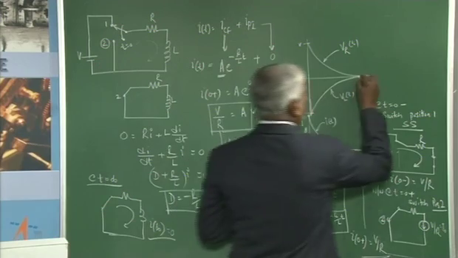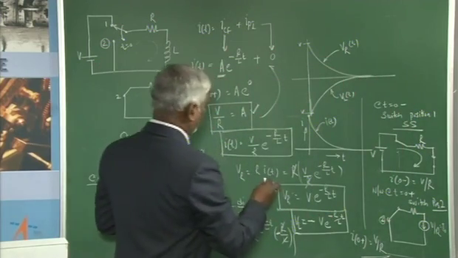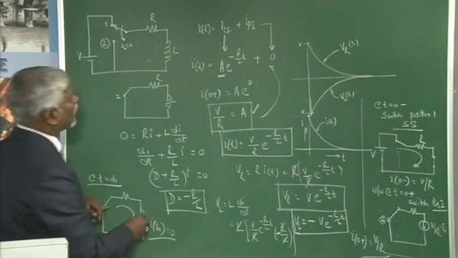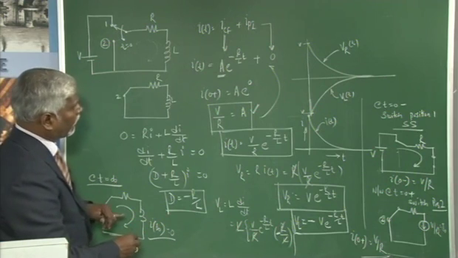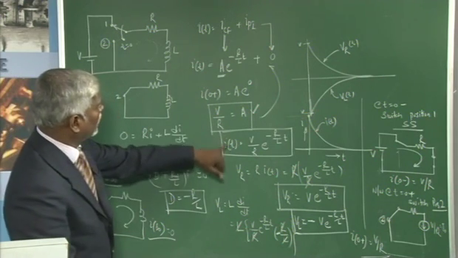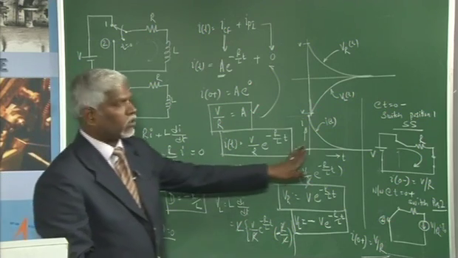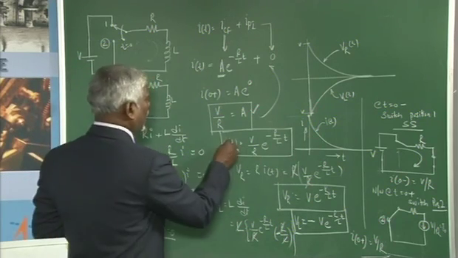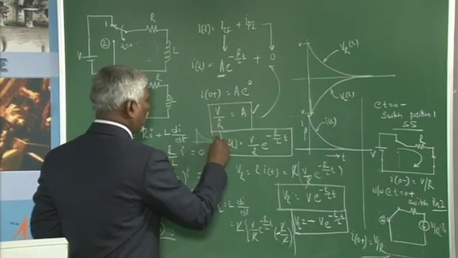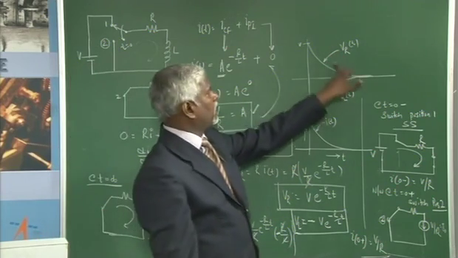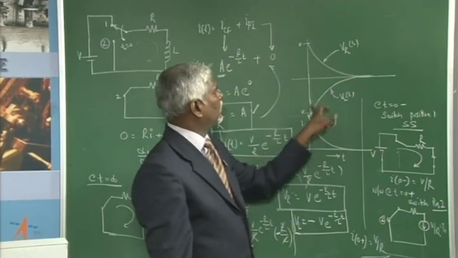It goes on, because the current dies down to 0. We have seen that the current V by R e to the minus t by RL is dying down to 0. The voltage across the resistor will also follow the current. This will be this way.